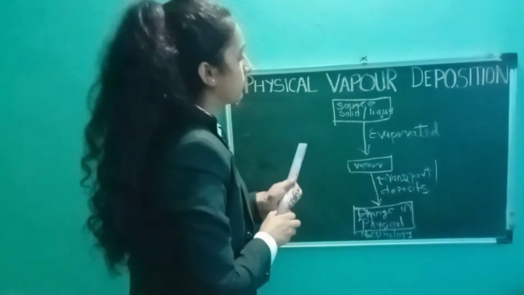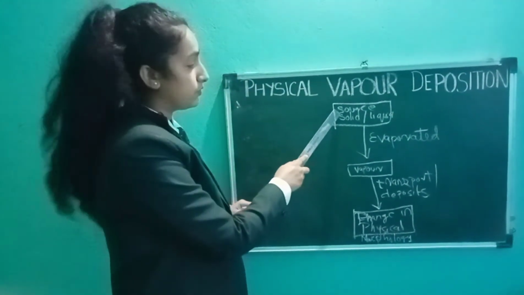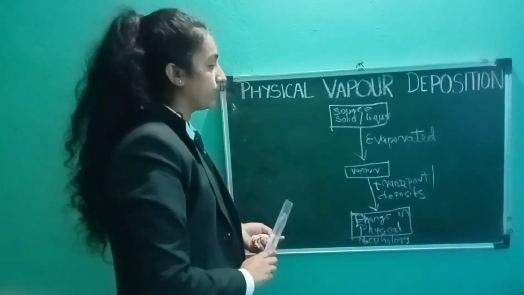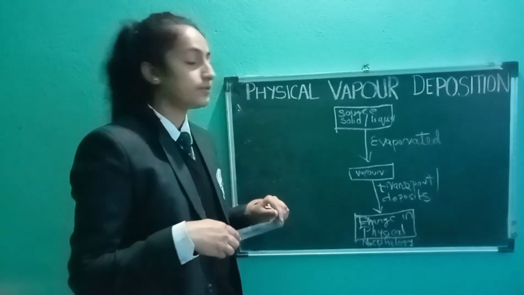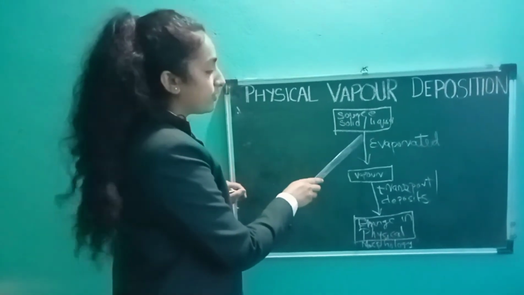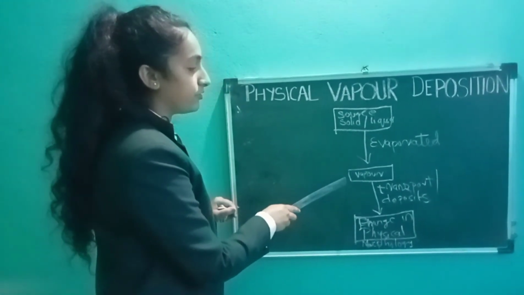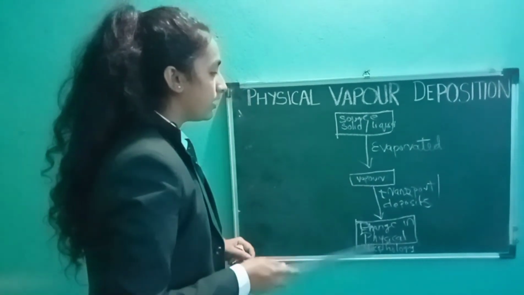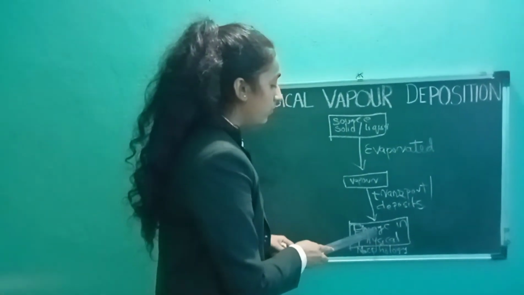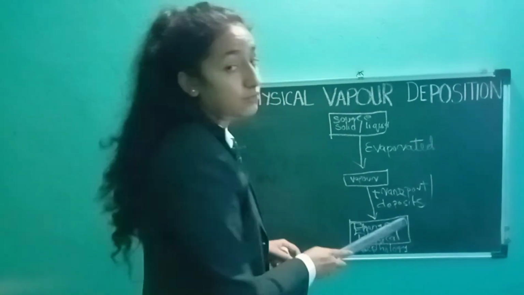So let's see overall. First of all, we need to take a source which can be solid or liquid. After that, we need to apply some external heat. After that, it gets evaporated and turns into vapor. It needs to be transported and it deposits on the substrate. So overall, it changes its physical morphology.